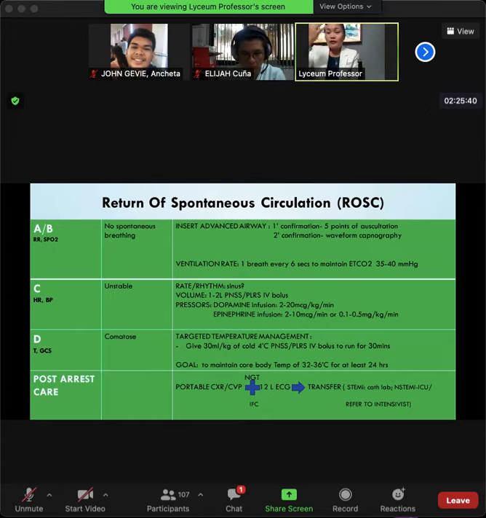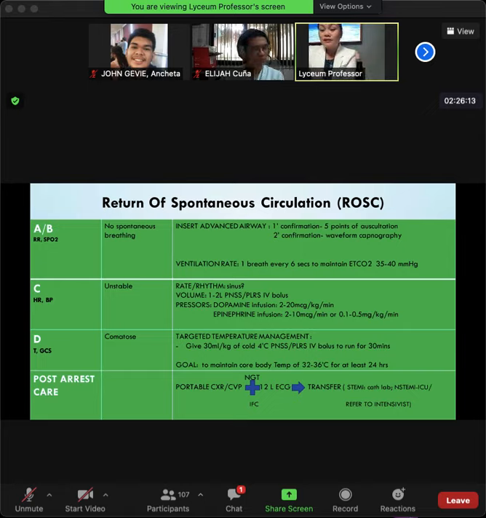Okay, so NGT, you insert nasogastric tube, and then IFC, indwelling Foley catheter, and then hook the patient to 12-lead ECG, and then do portable chest X-ray, and if needed, you can insert CBP. Okay, after doing those, the sign of the cross, you can transfer now the patient.